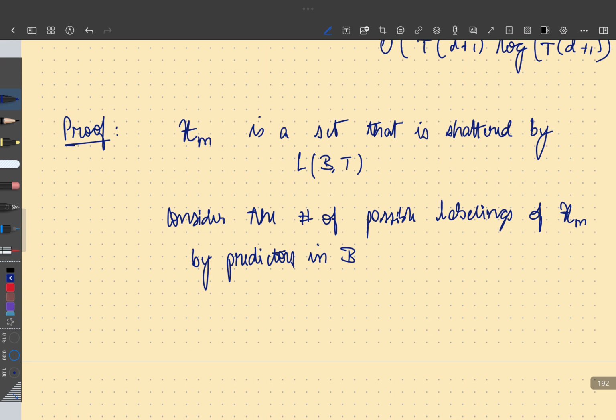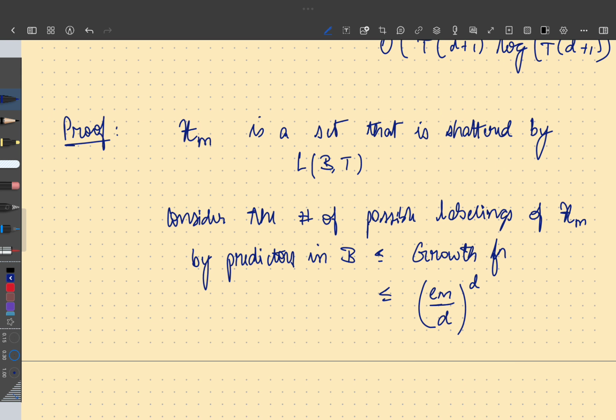Exactly. So it's the growth function, right? So this is upper bounded by the growth function. And what is an upper bound for the growth function in terms of the VC dimension? Okay, so it's (e times the number of points in the set divided by d) to the power d. That's an upper bound on the growth function in terms of the VC dimension.